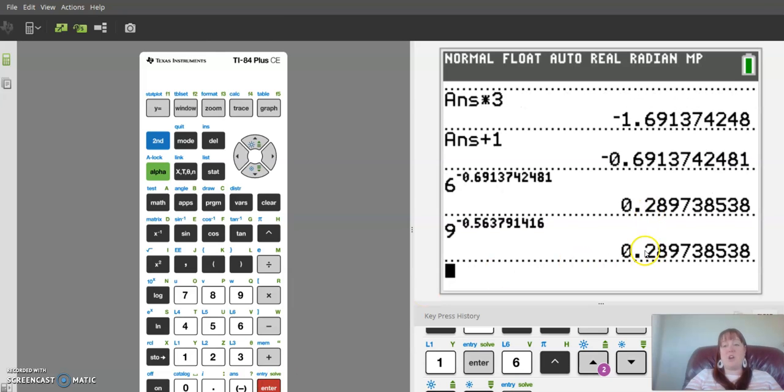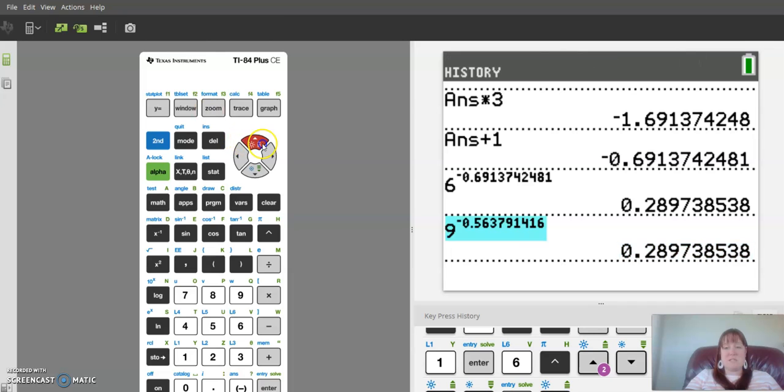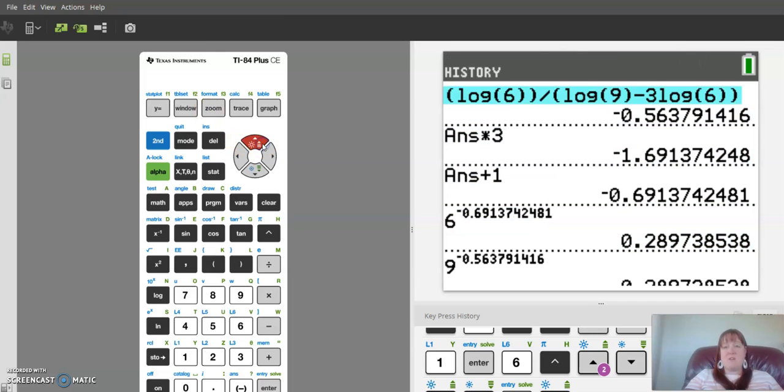And sure enough, look, they're the same. If I put our answer, which was this number, this negative 0.5637911416, if I put that into my calculator, I get that the original thing was true.